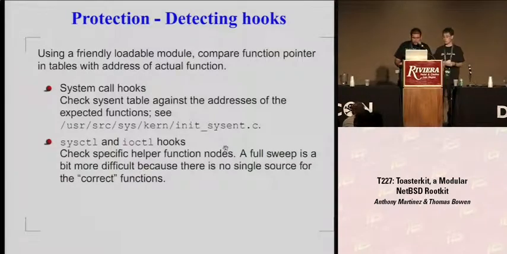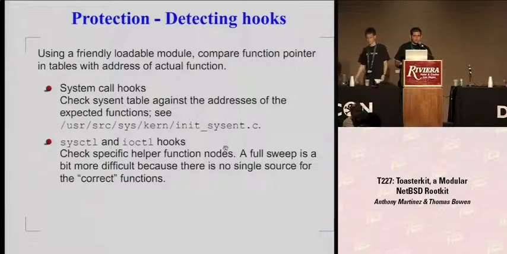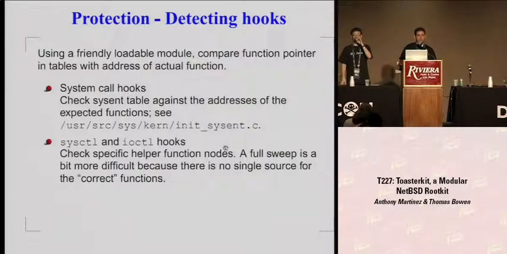So how do you do protection? Basically, you have to detect these hooks. Our current rootkit just does a lot of simple hooks. So for the simple case, it's very easy to detect hooks like this because you're modifying some sort of table somewhere or a tree somewhere where there's basically a pointer in there which is supposed to be pointing to your actual system call or your helper function, like in a CTL tree.